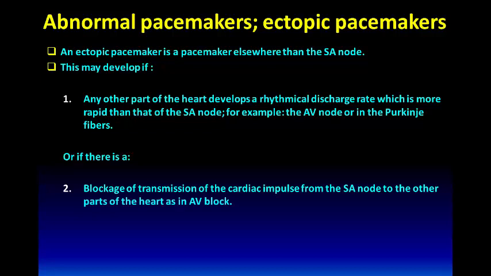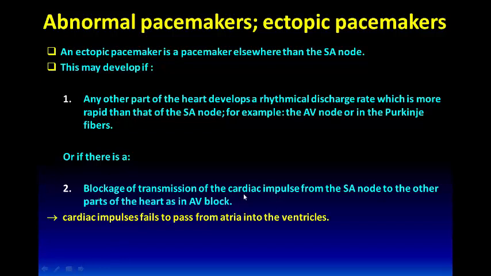Or it happens if there is blockage of the conduction of the cardiac impulses from the sinoatrial node to other parts of the heart, as in AV block, when the AV node blocks the conduction of the impulses from the atria to the ventricles. In this case, the atria would beat according to the impulse generated from the sinoatrial node, and the ventricles, because they do not receive cardiac impulses from the sinoatrial node, would have to develop their own pacemaker.